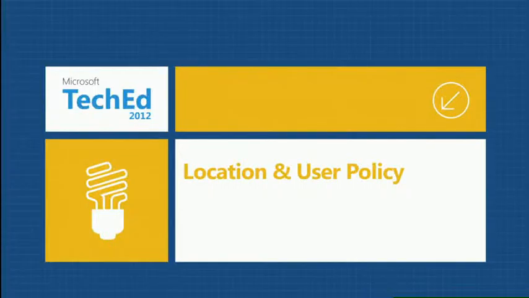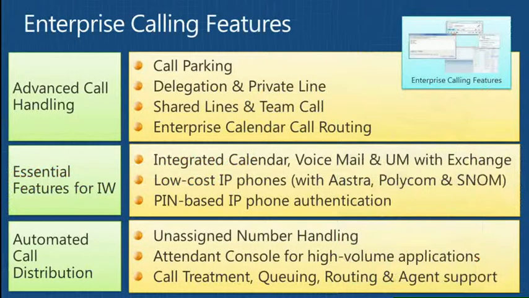All right, moving on. Enterprise calling features. I'll admit this is a little bit artificial. Enterprises not only need this stuff, but they also need all the other stuff as well.